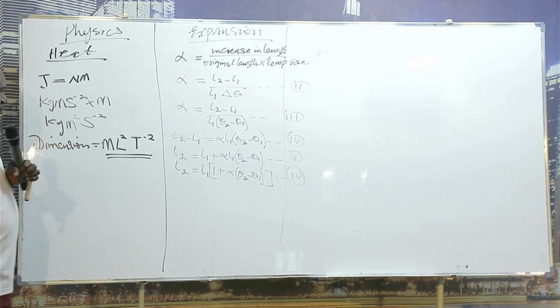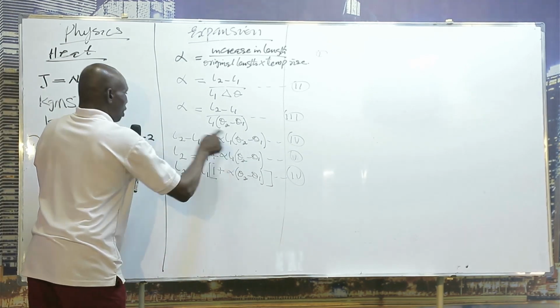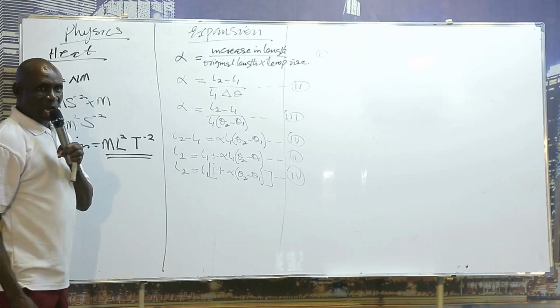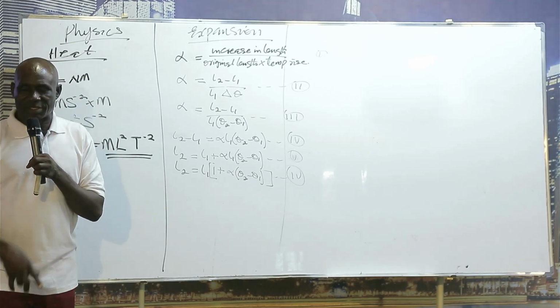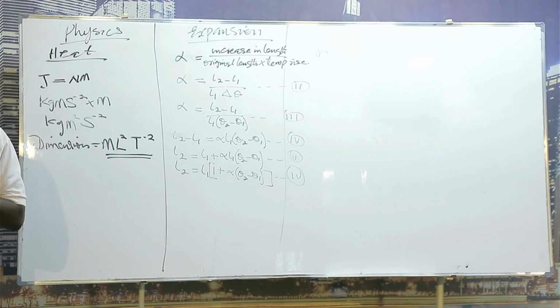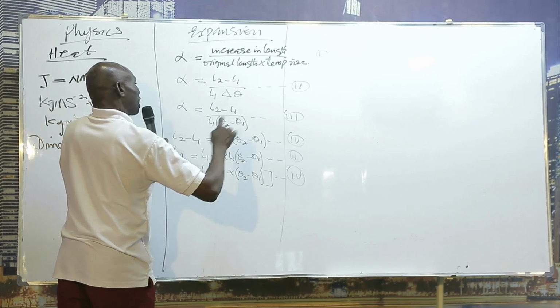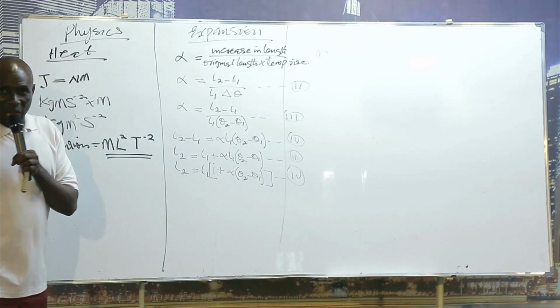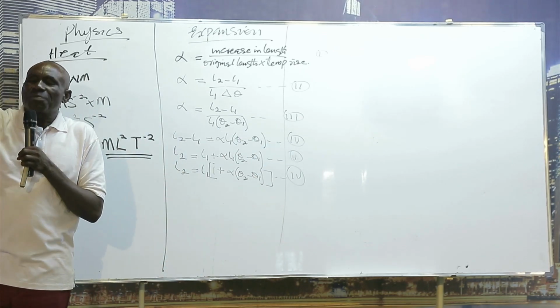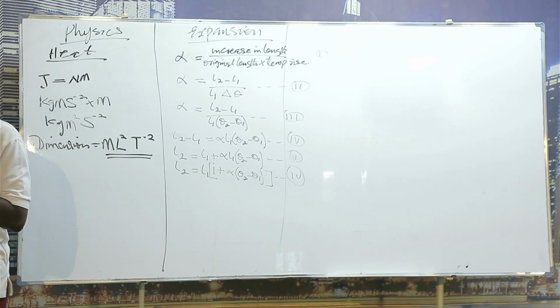Each of them is also known as variation in length. And each of them is also called safety gap. That's why when you come to JAMB, they use different terms, so understand those terms.